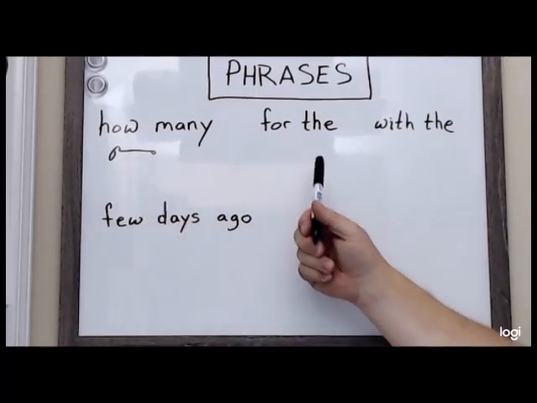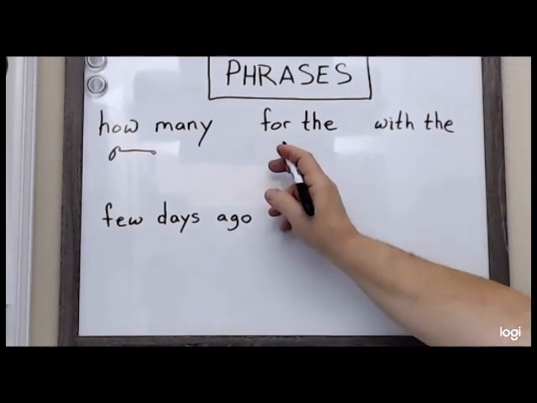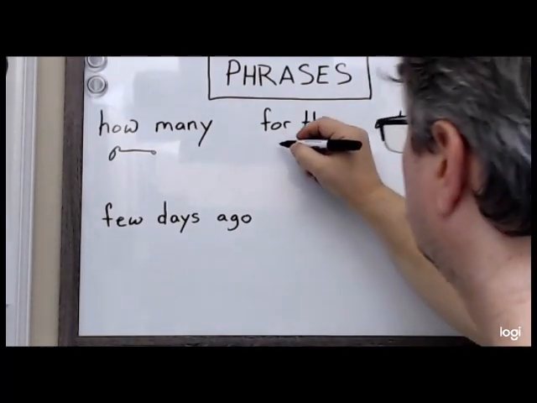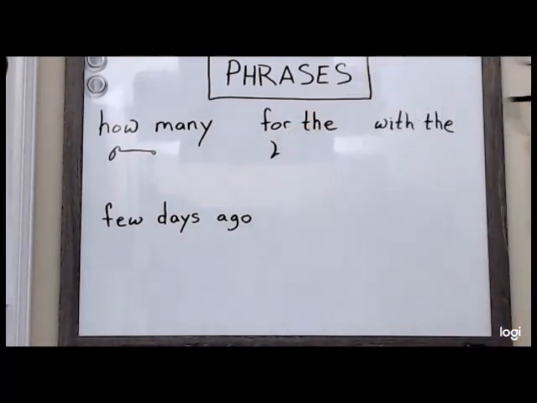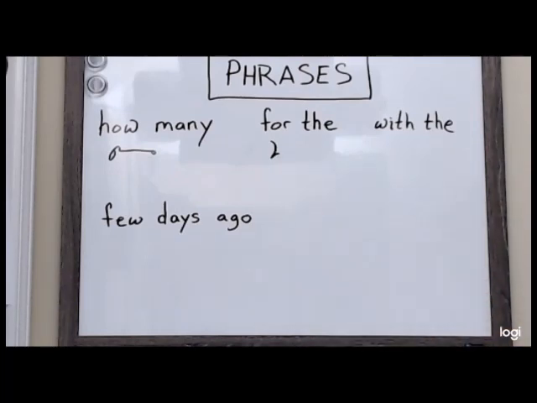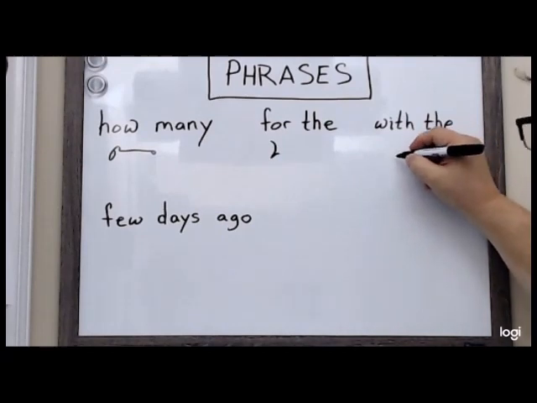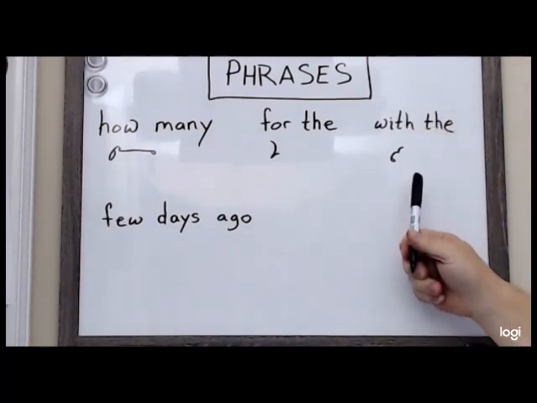The next phrase is for the. And the short form for is the letter F, then of course the TH, for the. With the is represented with the with short form, and then the short form with the.